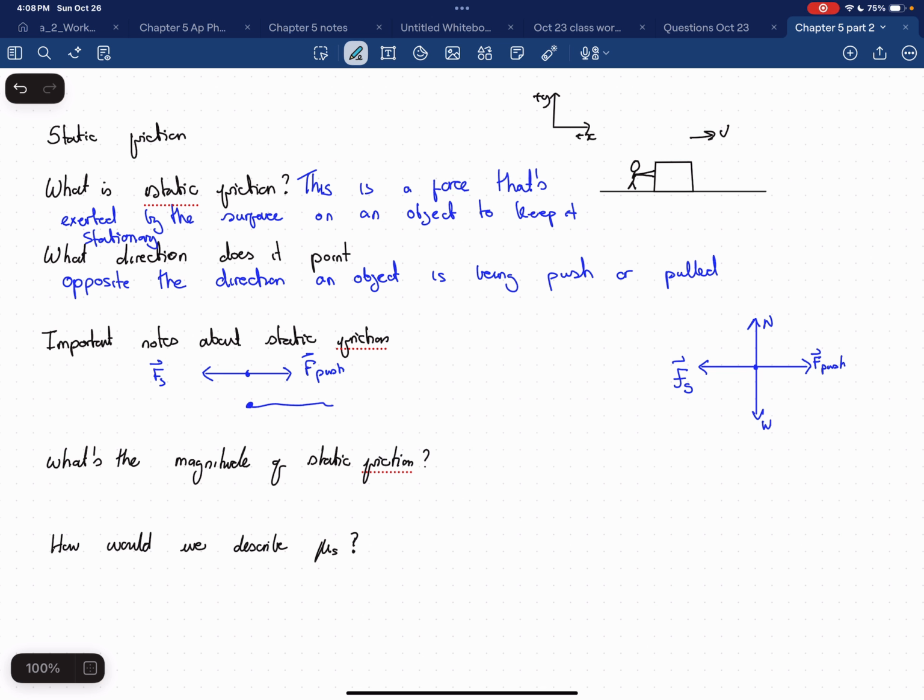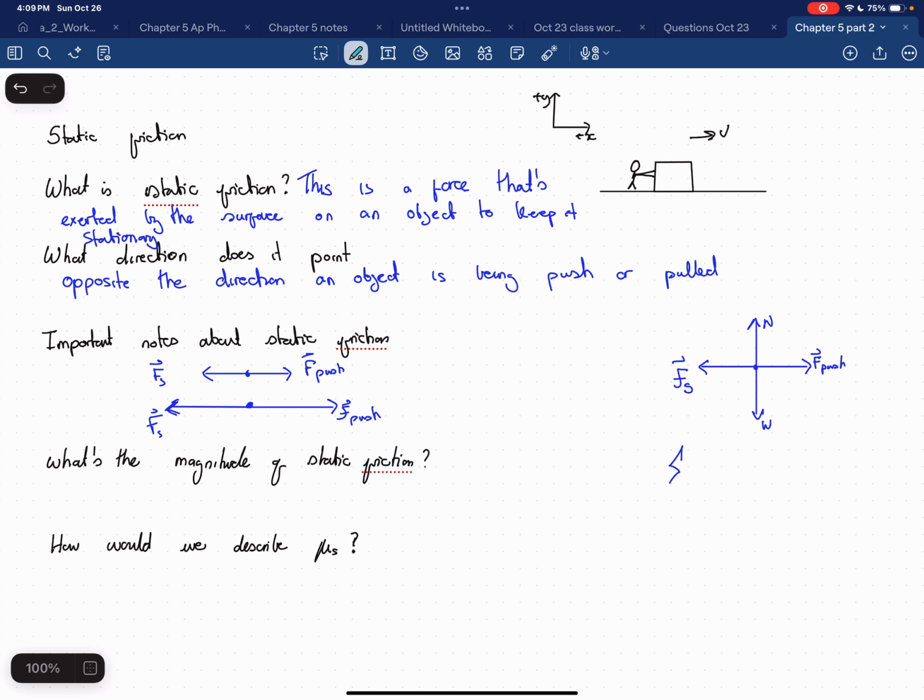But if I have a force of this size, my static friction will behave likewise and adjust. All right, let me analyze my forces. In the y direction they cancel out, because we're not accelerating in the y direction; I'm pushing it horizontally.